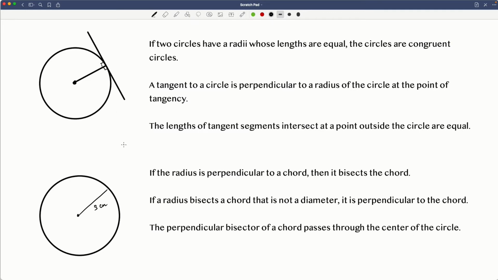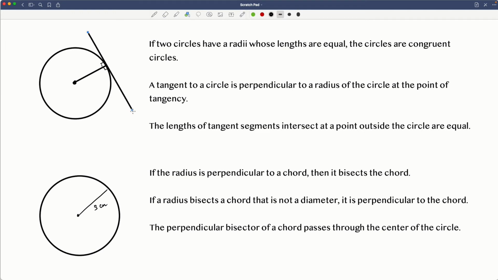The lengths of tangent segments that intersect at a point outside the circle are equal. So all that means is if I have this line right here, and I'm going to bring it down.